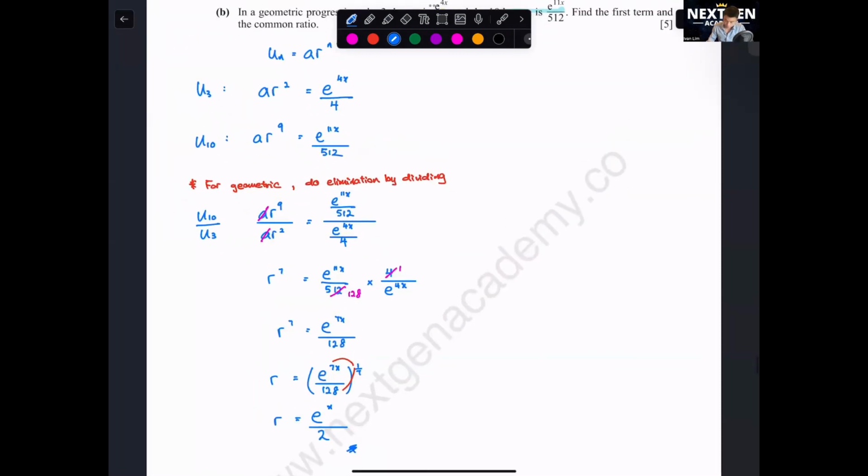Okay, now how to find a? You substitute into one of these equations. Let's substitute into this one, the number smaller, right? So let's call this equation 1. Sub r into 1. So a times e to the power x over 2 equals e to the power of 4x over 4.